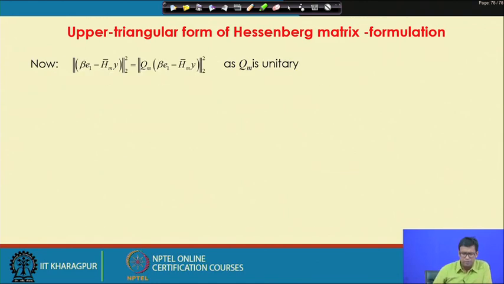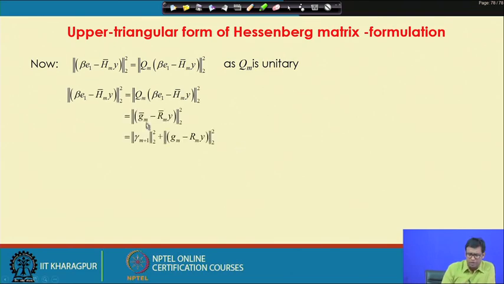Now, beta e 1 minus h bar m y is equal to Q m times beta e 1 minus h bar m y. Now, as Q m is a unitary matrix, multiplying with Q m will not change the norm, will not change the length, because Q m is a product of cos theta, sin theta. So, Q m has a norm of 1.